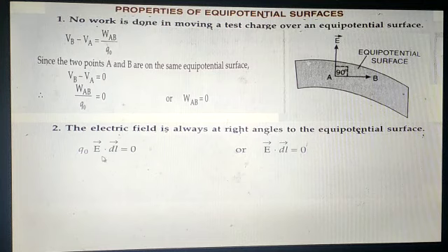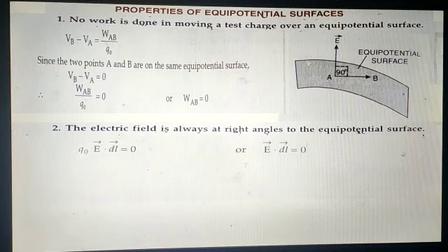It is 0, which means that E dot dl, which is E dl cos theta, is 0, so the value of cos theta is 0. Q0 comes here, and 0 upon Q0 is 0 only. So E dot dl is 0, so cos theta is 0. If cos theta is 0, it means that theta is equal to 90 degrees.